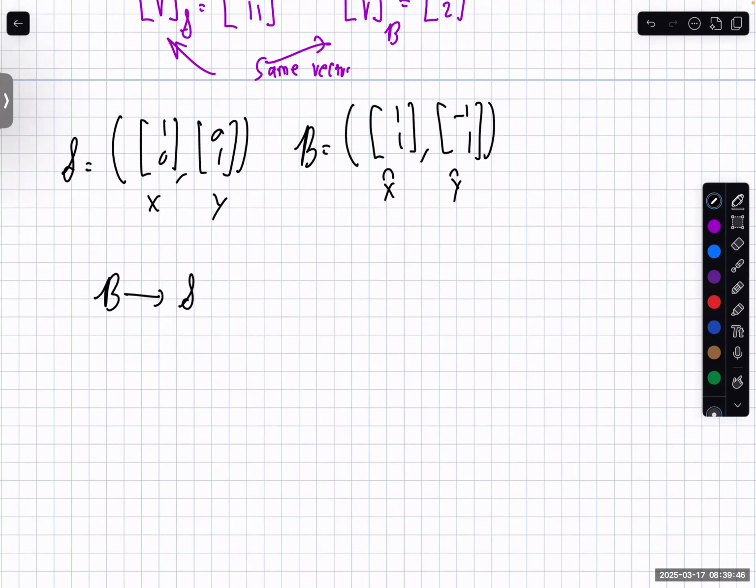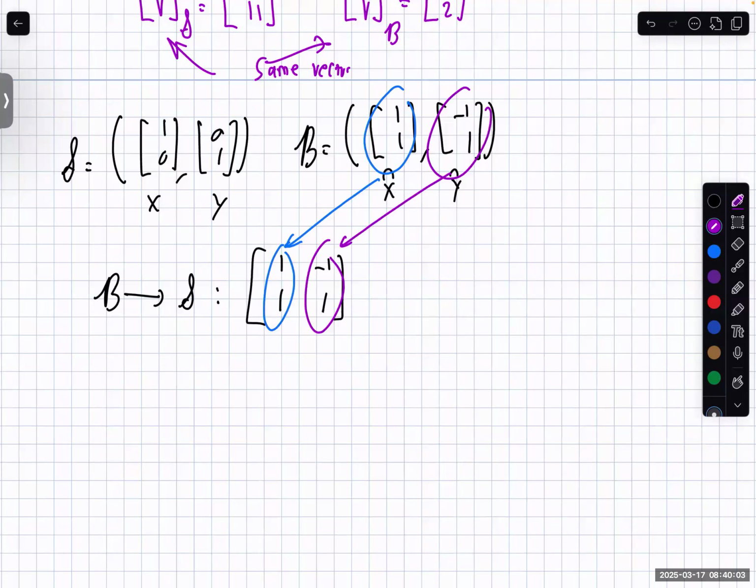If I want a matrix that converts B coordinates to S coordinates, I just take the vectors in B and use those to form a matrix.